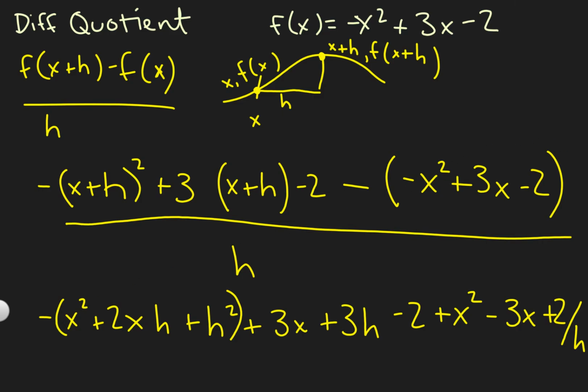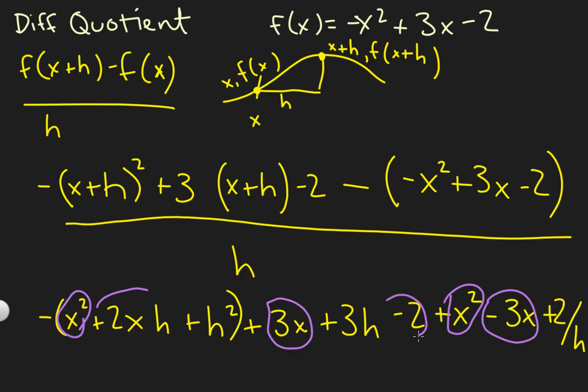I'm going to try to do this in one step, so try to stick with me. When we distribute this, this becomes a negative. So we've got a negative x squared and a positive x squared. They're going to go away. I've got a positive 3x and a negative 3x. So that's going to go away.